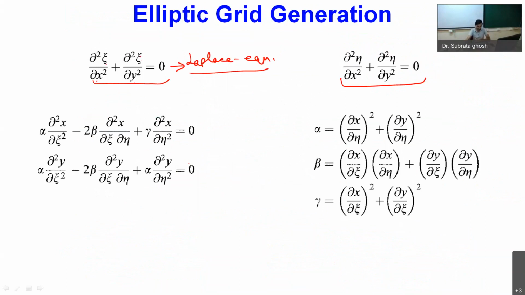To do that, we do some mathematical manipulations, considering zeta and eta as independent variables and xy as dependent variables, starting from these two equations.